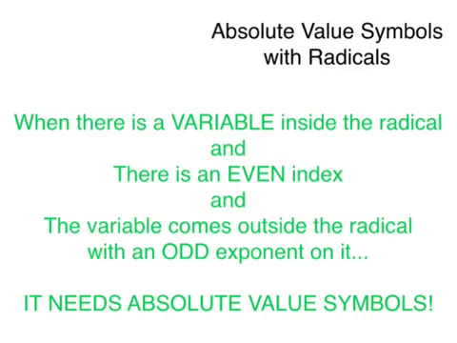In other words, the final answer has like an x with a 1 power to it, or an x with a 3 power to it, or an x with a 5 power on it, and that comes outside the radical, then you have to put absolute value symbols around that variable and its exponent. So let's look at an example on the next page.